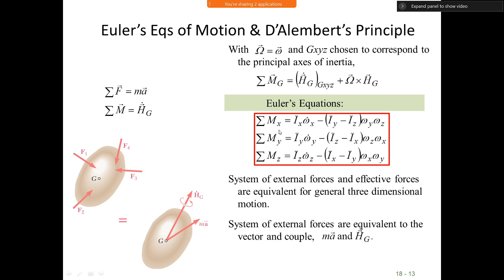So, one thing that you can see so far is that you used to say that moment is equal to I alpha. Now here, instead of just I alpha, you also have some extra terms, which is I multiplied by omega y times omega z.